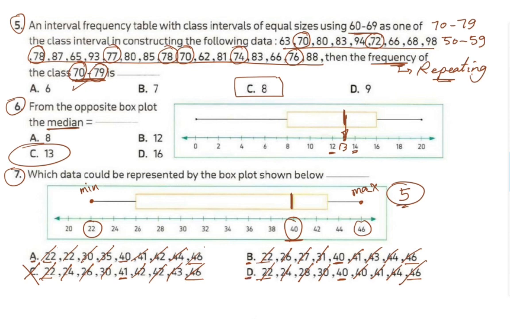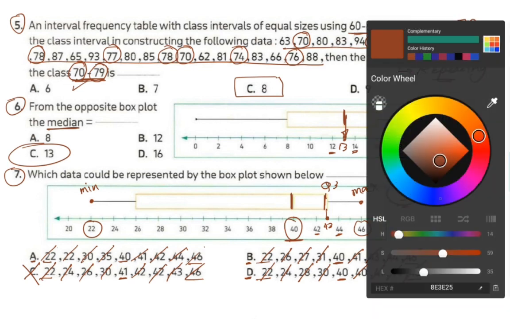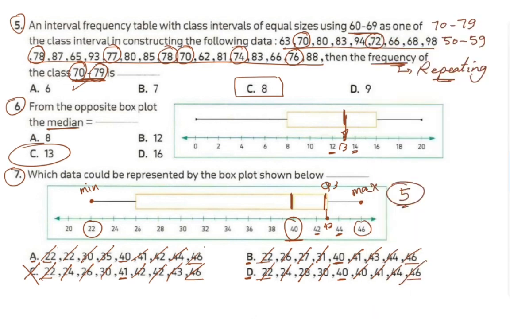Now I have 3 choices, maybe A, B, or D. So go to the next number, maybe Q3. Q3 here, the upper quartile, go down, you find it between 42 and 44. It's 43. Now look for Q3 of each group of numbers.